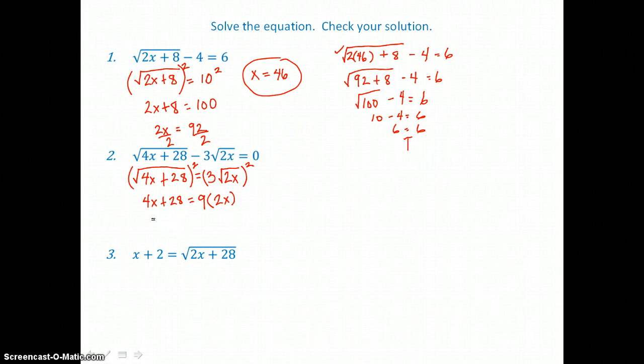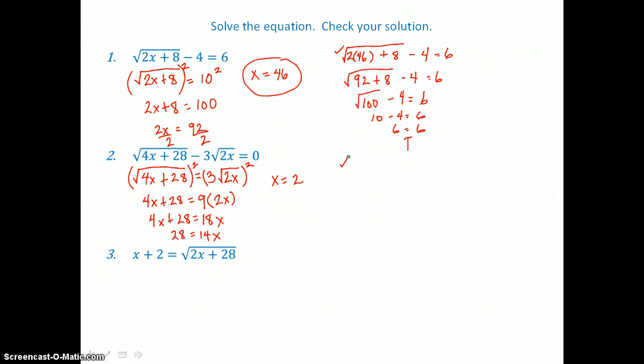Okay, so now simplifying, I have 4x plus 28 is equal to 18x, and I'll subtract that 4x from both sides. So I'll have 28 is equal to 18x take away 4x, which is 14x. And now dividing both sides by 14 to get x alone, I find out that x should equal 2.